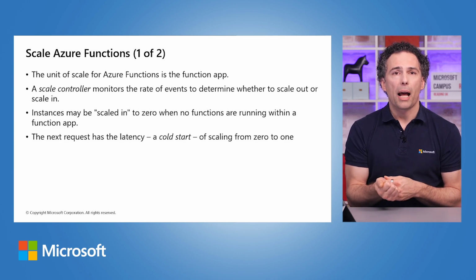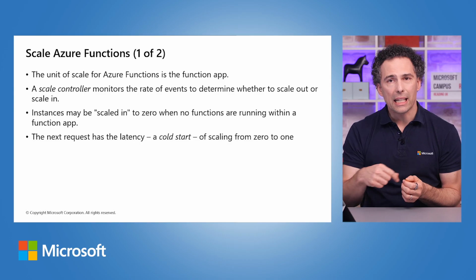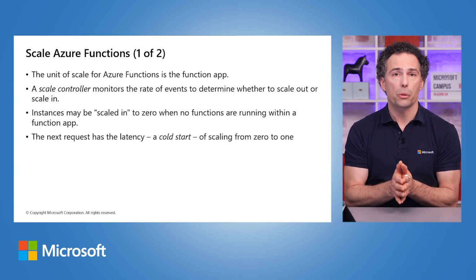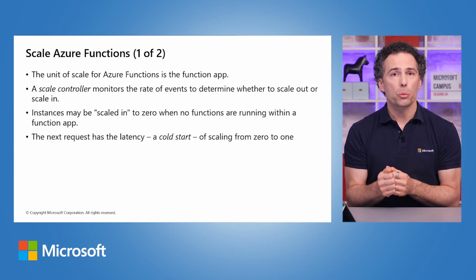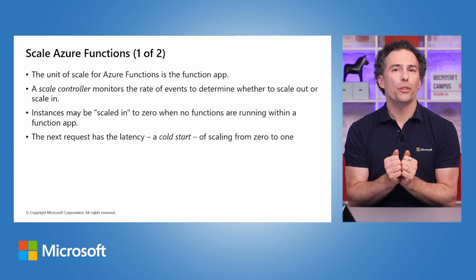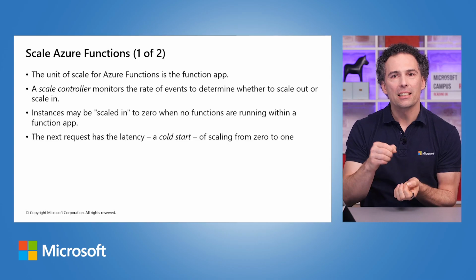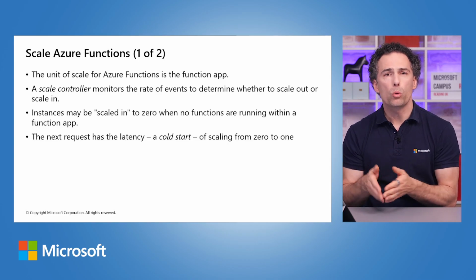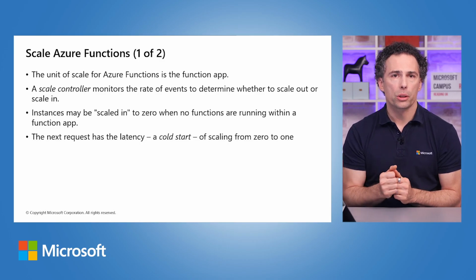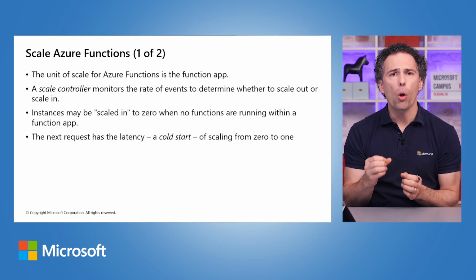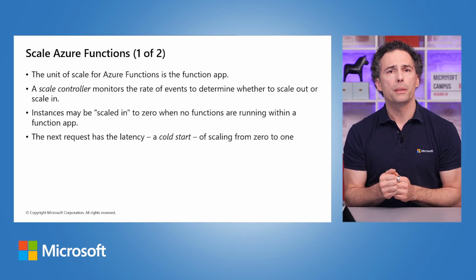In the consumption plan, instances can be scaled in all the way down to 0 when no requests are coming in. And when the next request arrives, we encounter cold start, the latency as the system scales from 0 to 1, ready to serve. With the premium plan, we can avoid cold starts by configuring a number of always ready and pre-warmed instances.